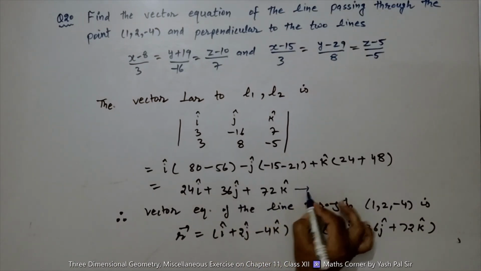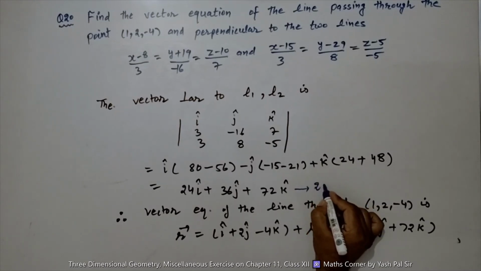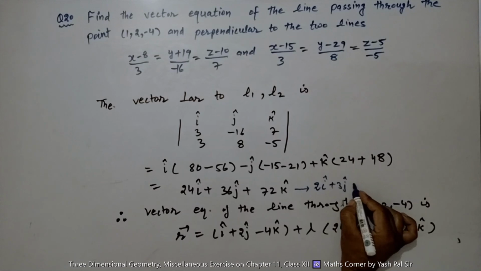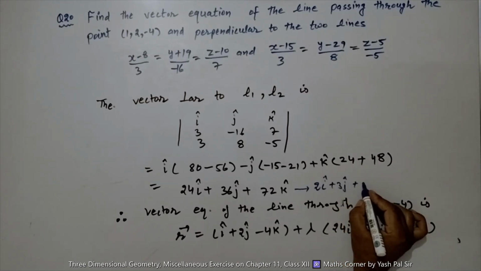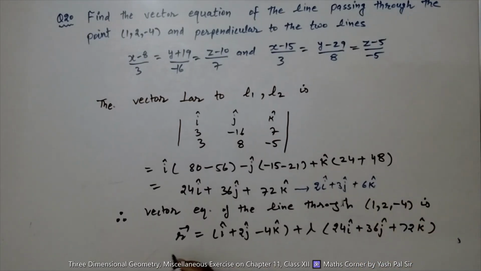Here one more thing we can see, we can divide the direction ratios by 12, so they become 2i + 3j + 6k.